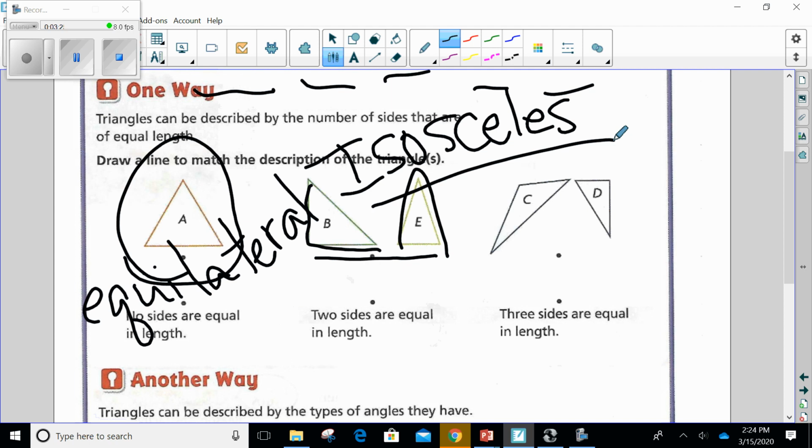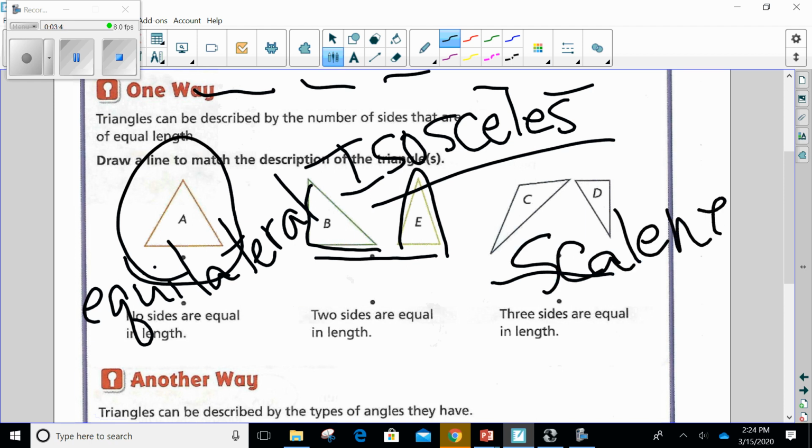Okay, now over here we have C and we have D. None of those sides are the same. They are not equal. None of these sides are equal on any of them. So those are called scalene. I know your book doesn't say that, but like those angles, obtuse, acute, and right, I want you to know these terms: equilateral, isosceles, and scalene.